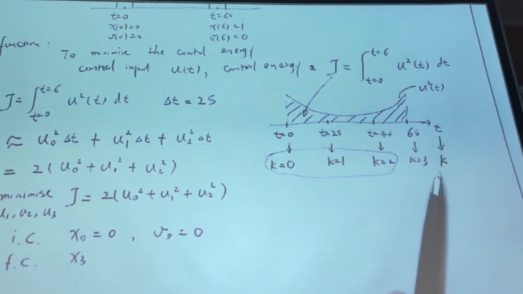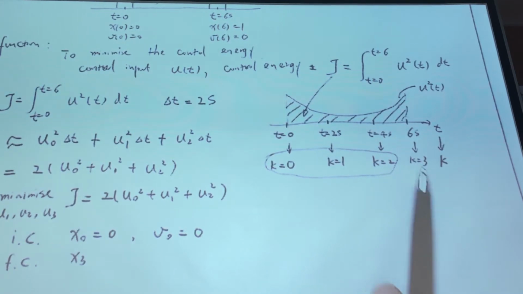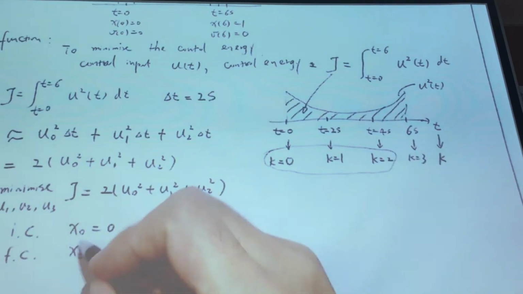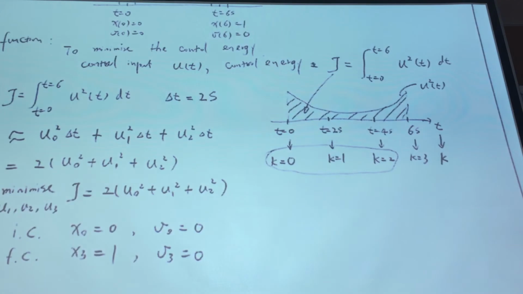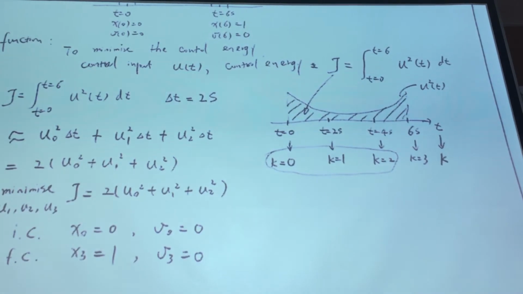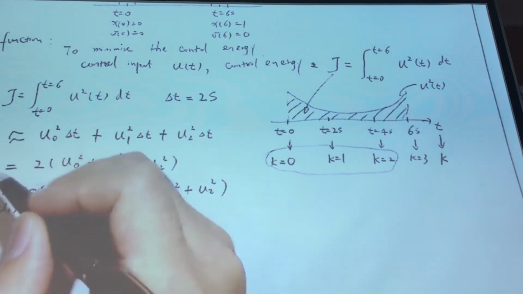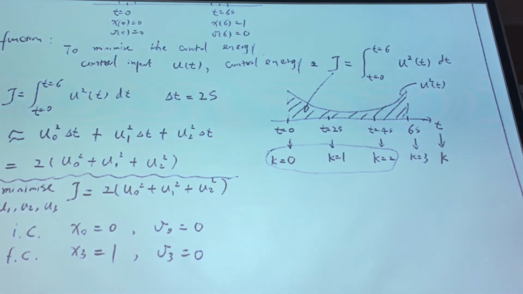Remember, it's x3, not x2, because k equals 3 corresponds to 6 seconds. So x3 is given by 1, and y3 is given by 0. So we have our problem formulation like this.